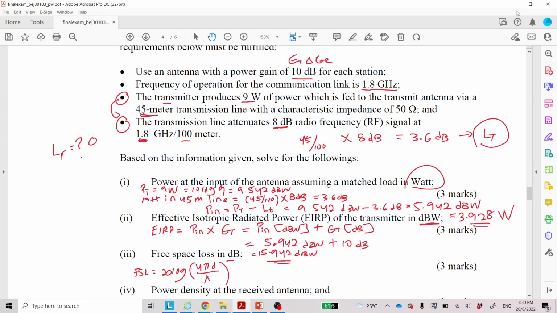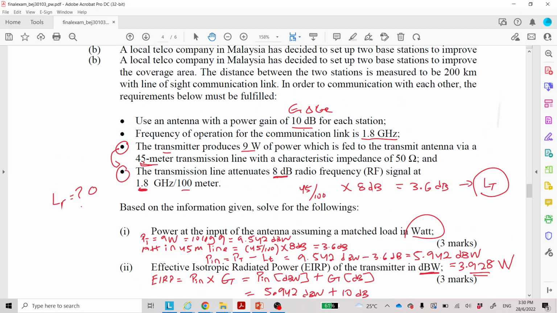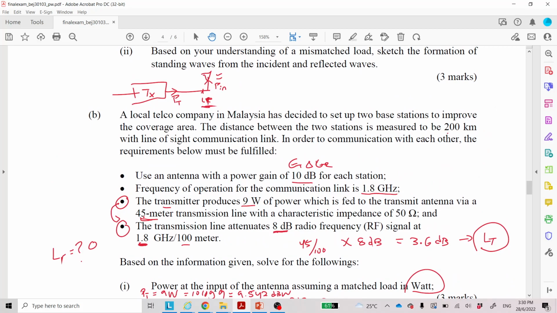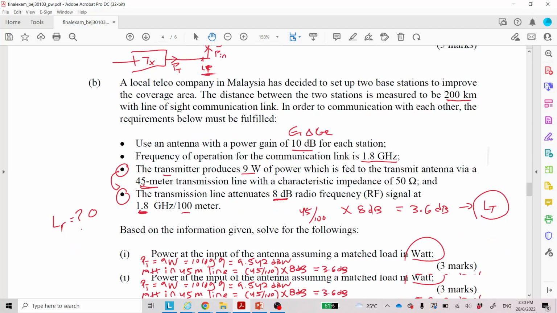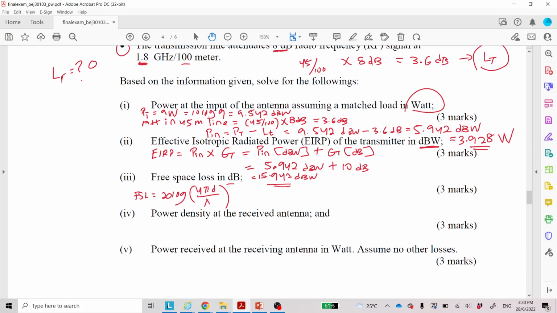Now we know the distance. The distance is given in the question, which is 200,000 meter. The parameter that we don't know yet is lambda. Lambda is equal to C over F, speed of light divided by the frequency.